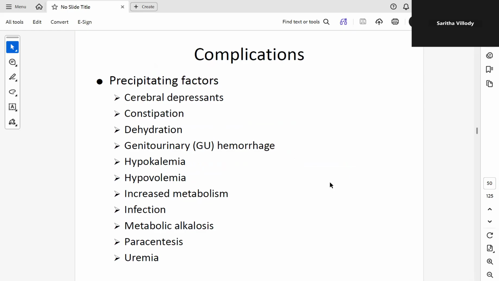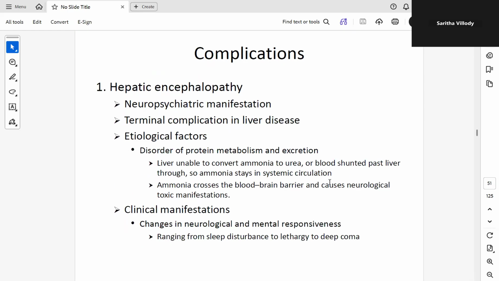Complications, we're going to look at each one of them separately. First one is hepatic encephalopathy. Hepatic encephalopathy happens as a result of accumulation of ammonia in the blood. Ammonia, the end product of protein metabolism, is converted into urea in the liver.